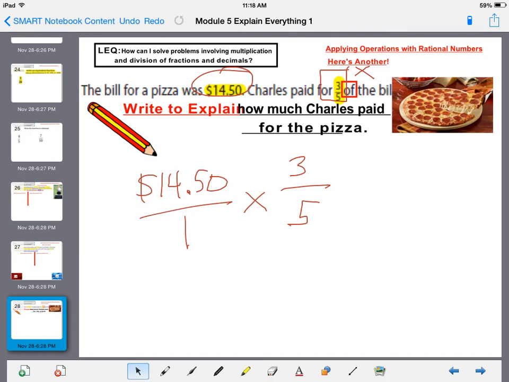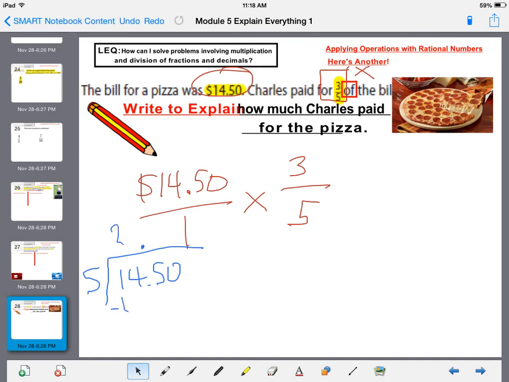I could simplify here and I can say 5 will go into $14.50. Well, let's go off to the side and see how many times 5 goes into $14.50. The first step is we're going to bring up that decimal, and 5 goes into 14 2 times.